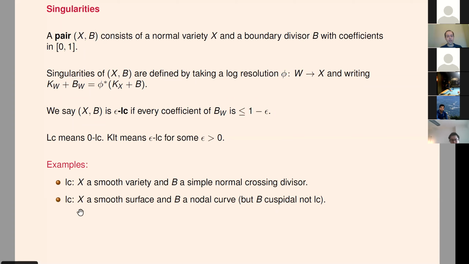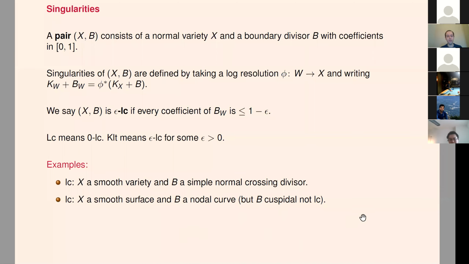If we take X to be a smooth surface, like P2, and B to be a nodal curve, a curve with a nodal singularity, then we have, again, a log-canonical pair. But if you take B to be a cuspidal curve, for example, a curve given by y squared minus x cubed inside, for example, A2, then you get something which is not log-canonical anymore.